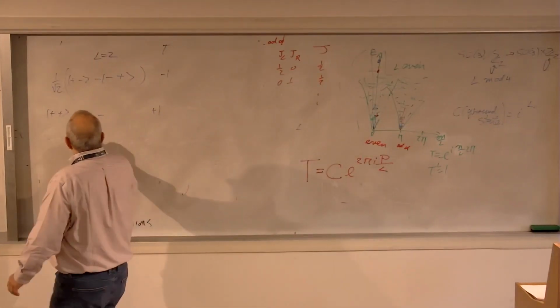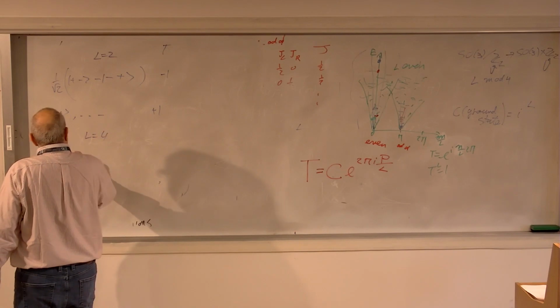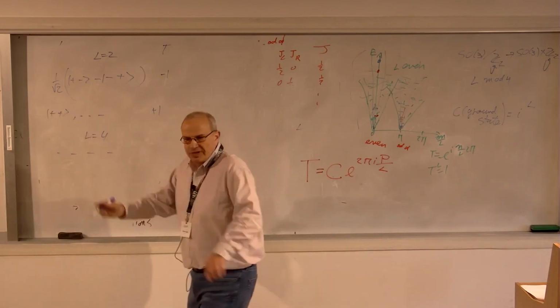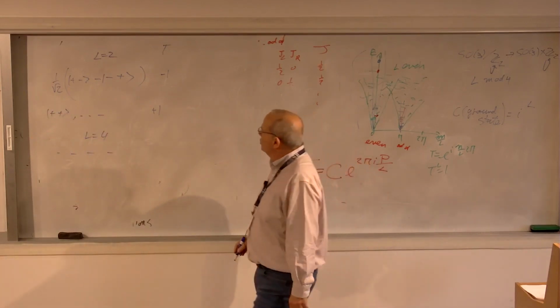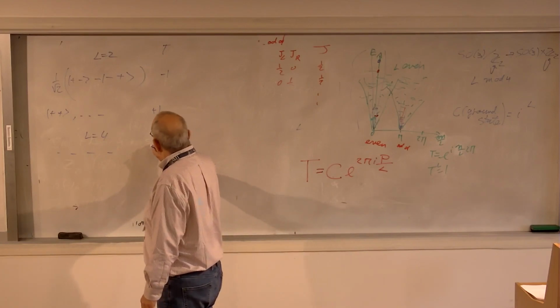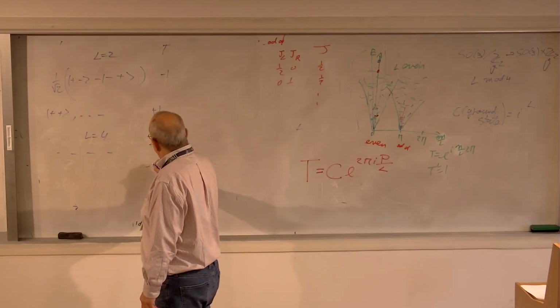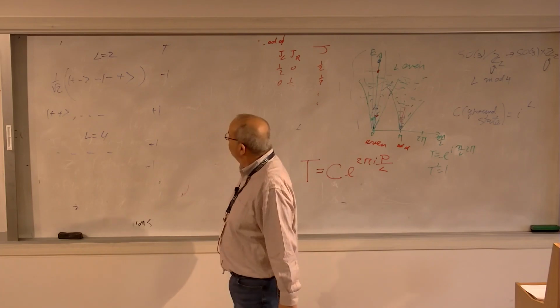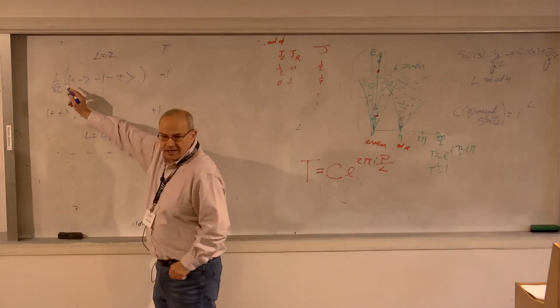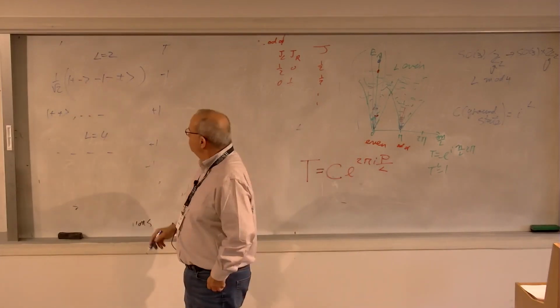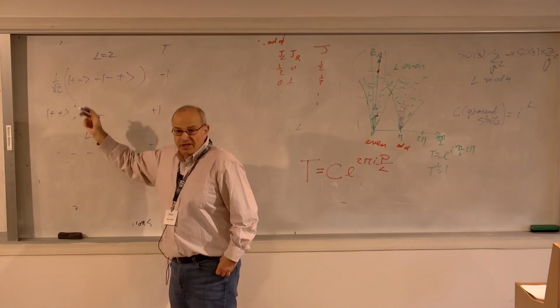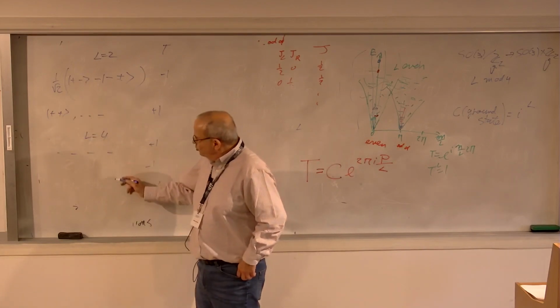If you go to L equals 4, I can write the answer. You just couple the 4 spins, you diagonalize the Hamiltonian, and it turns out that on the ground state, we have +1, and on the first excited state, we get -1. So this one is the ground state that I talked about before. And this is a triplet at the next level. And here you see more states.